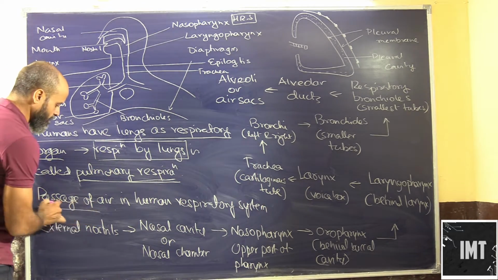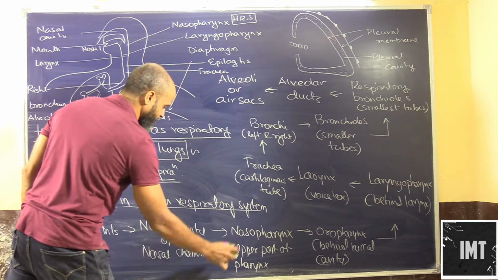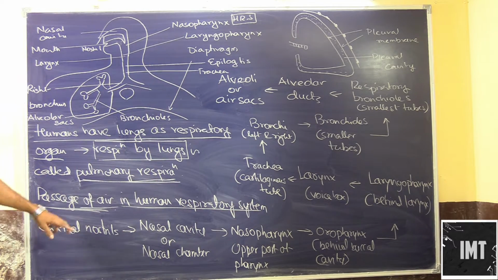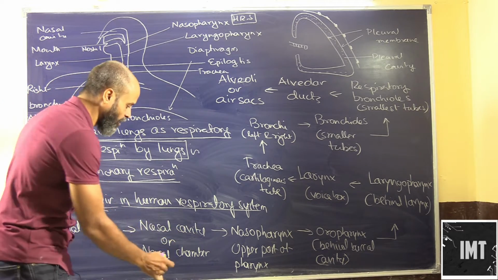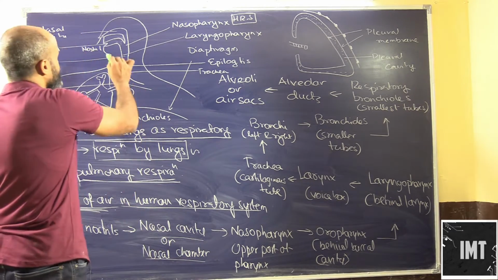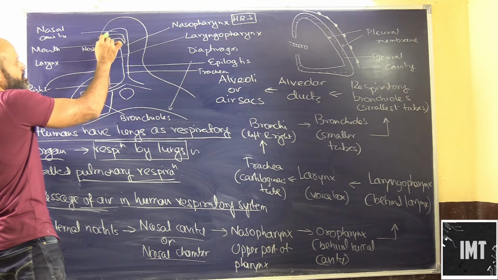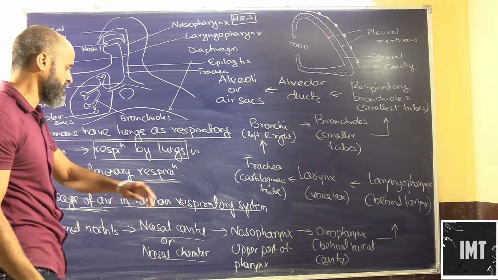So how does the air pass in the human respiratory system? First, it enters the external nostrils and goes through the nasal cavity or nasal chamber.